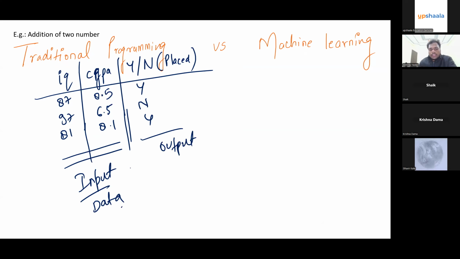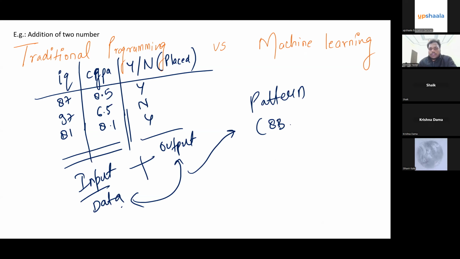So in machine learning, we need to pass all these parameters. On behalf of these parameters, it will form a pattern. Suppose for the third time you pass some other input, which could be 83 or 8.3.